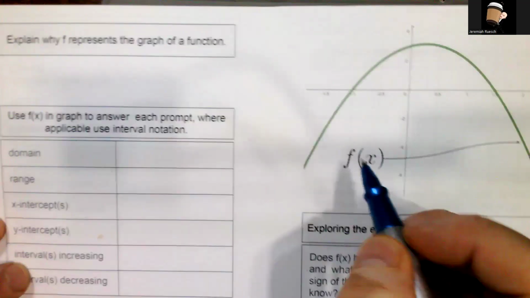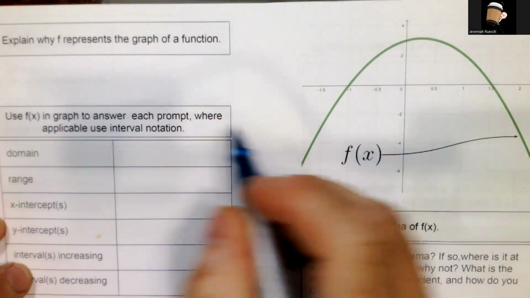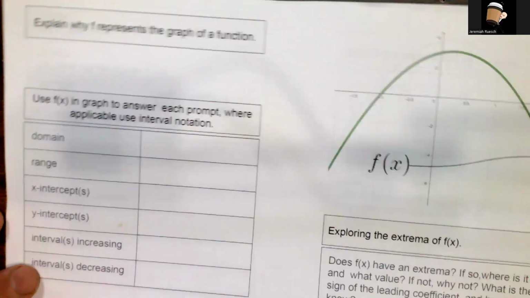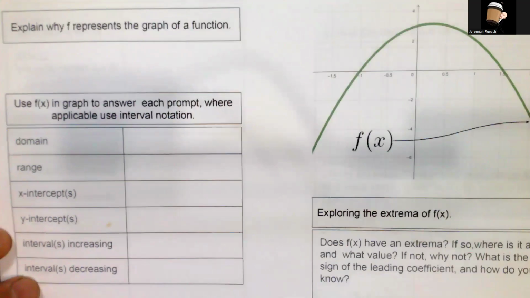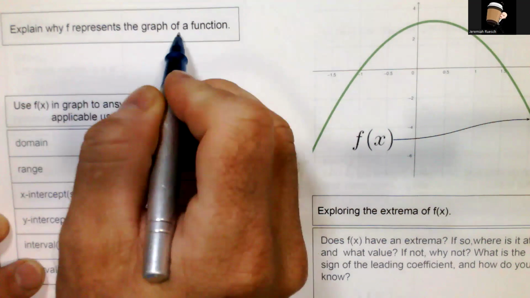We're going to be referring to f of x, which is this green graph that you see here, and we're going to answer each of the questions on this MathRep with respect to that green curve. The very first one: explain why f represents the graph of a function.